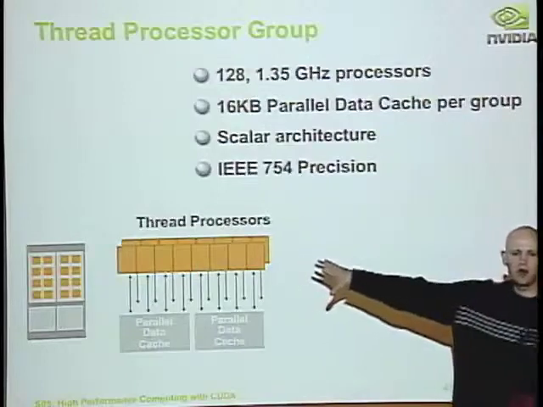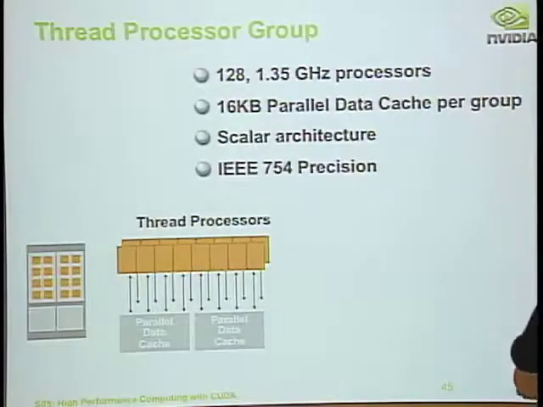And if we throw a block of 512 threads at 8 thread processors, that's a lot of threads per thread processor. That's 64 threads per thread processor. What the hardware is really good at is switching between threads whenever one stalls.